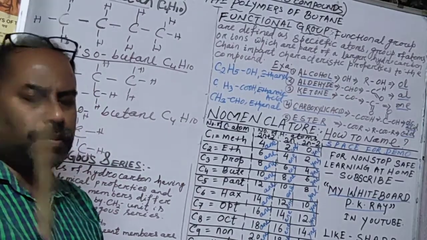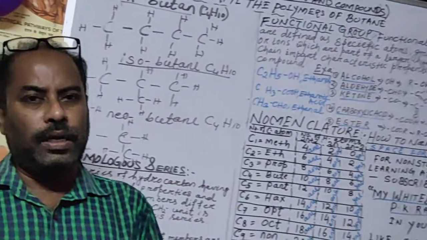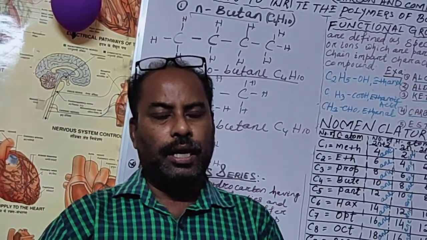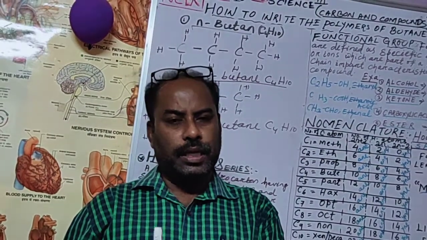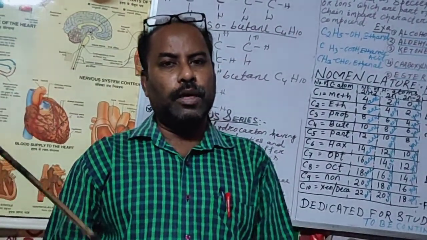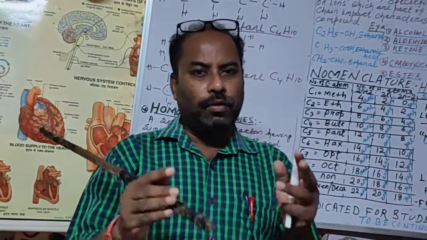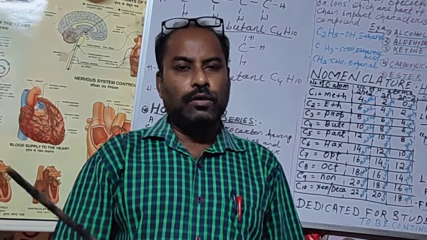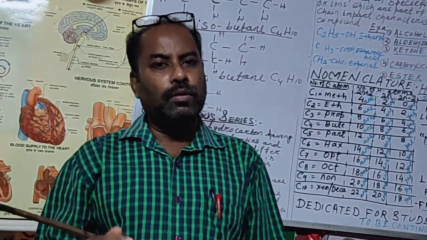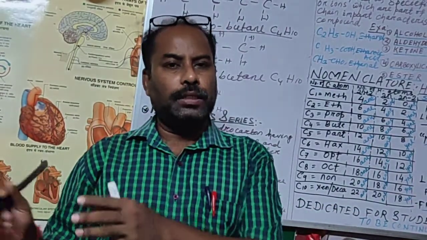For example, a very simple example: if one boy and one girl are seated on a bench, and from a little distance you are asked to tell who is the girl and who is the boy from the back side, how can you understand? By looking at the hair, long hair. Long hair tells you this one is a girl, and short hair tells you this one is a boy.